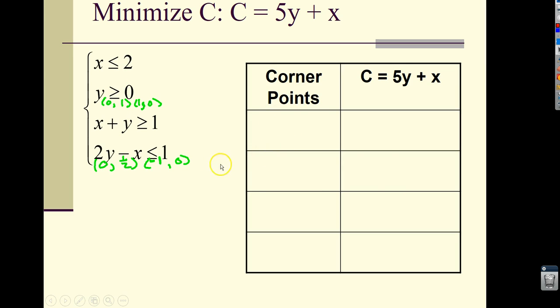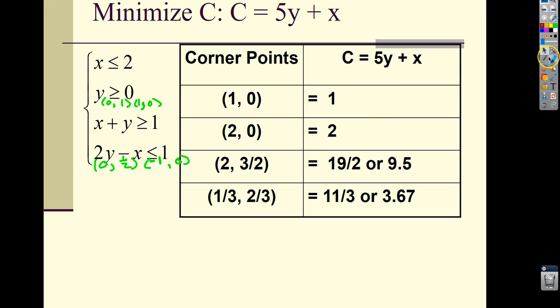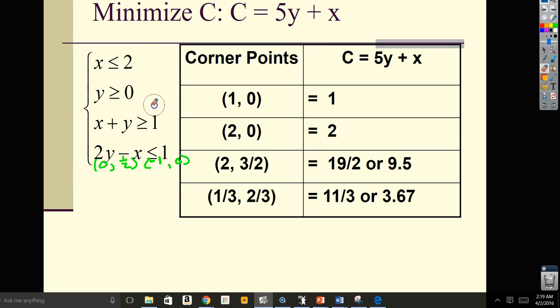So we find the corners to be (1, 0), (2, 0), (2, 1/2), (1, 1/2), and (1/3, 2/3).